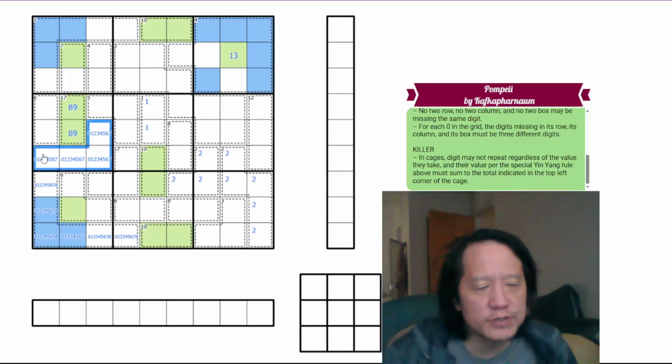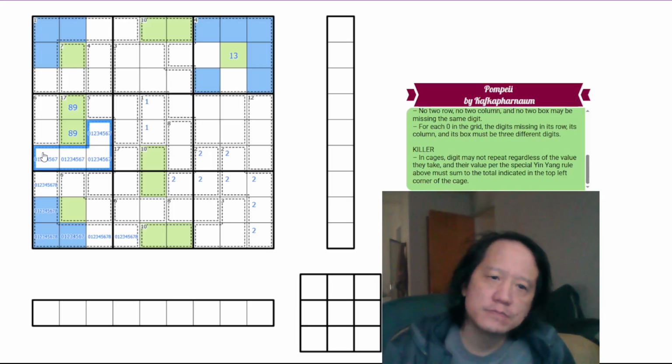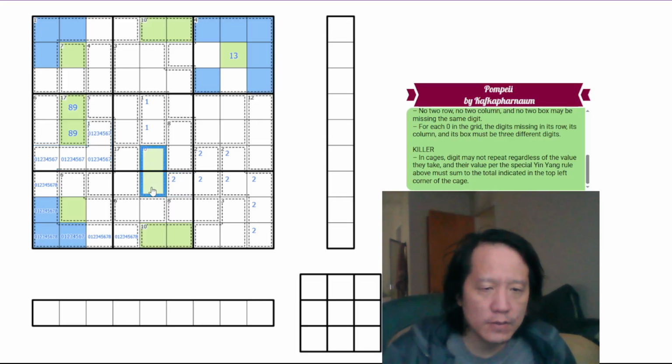Can this all be the same shading? I guess. Four out of 5 of these are the same shading. 2 out of 3 are the same shading.